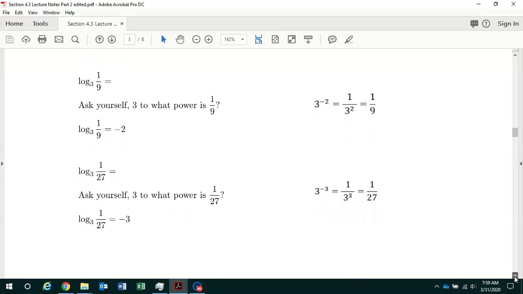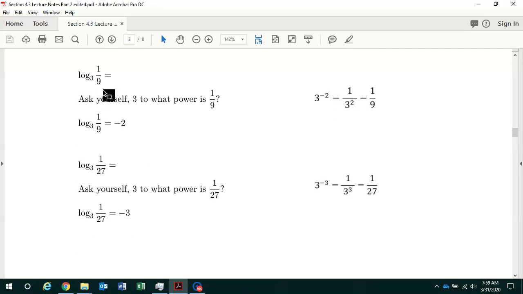And then what's log base 3 of 1/9 equal to? Well, we know that 1/9 is equal to 1 over 3 squared, and 1 over 3 squared can be written as 3 to the minus 2 power. So 3 to the minus 2 power is equal to 1/9. So log base 3 of 1/9 is equal to -2. What's log base 3 of 1/27 equal to?